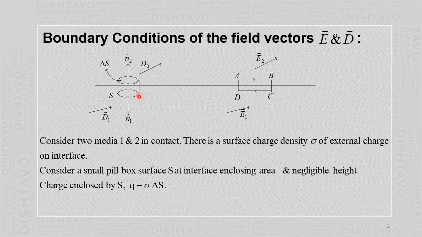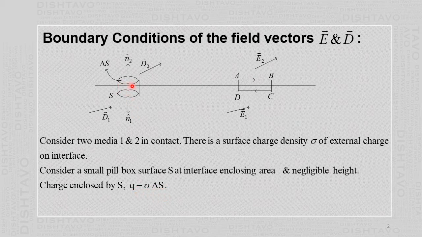Then suppose there are charges at the interface, then there will be a surface charge density. The charge enclosed by this area S, inside this S, is what is there on the surface, and it is equal to the surface charge density times the area, because surface charge density is charge per area.